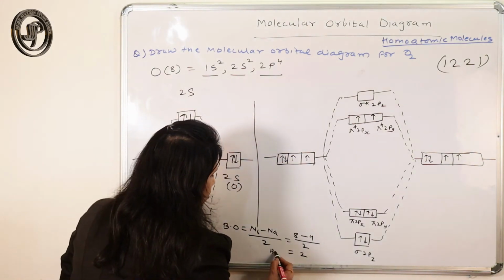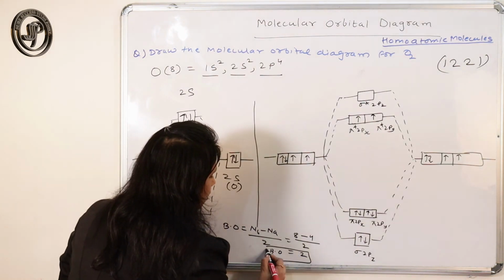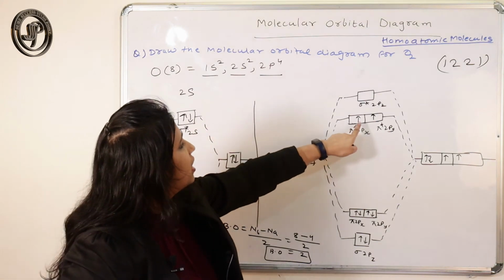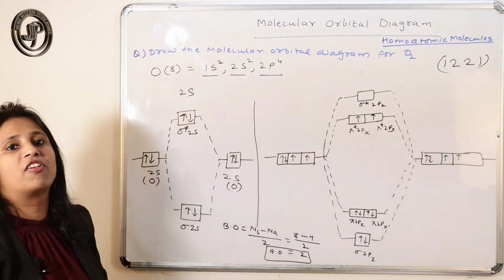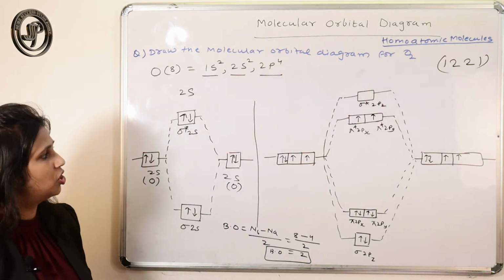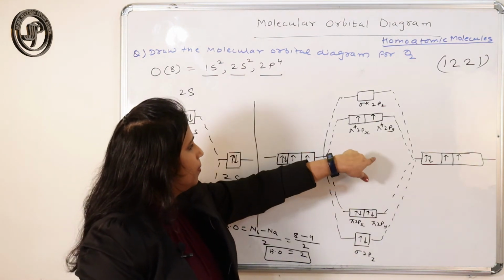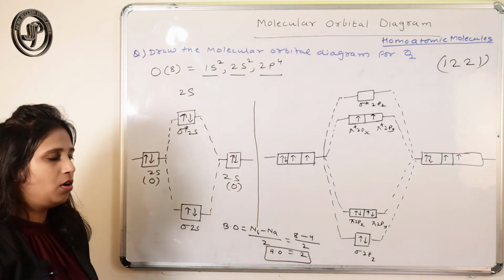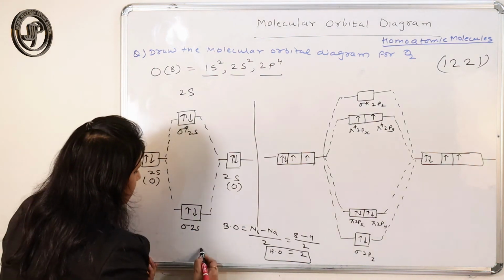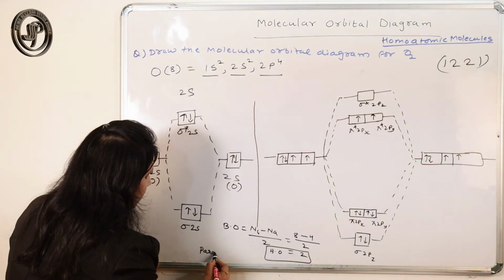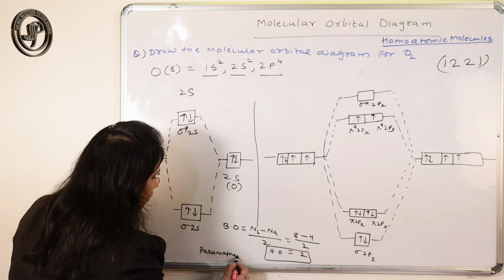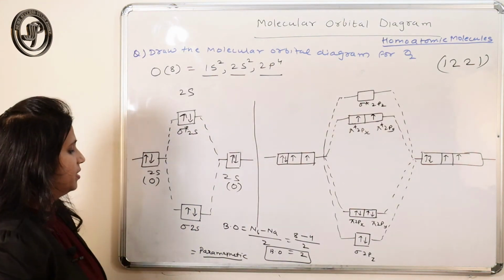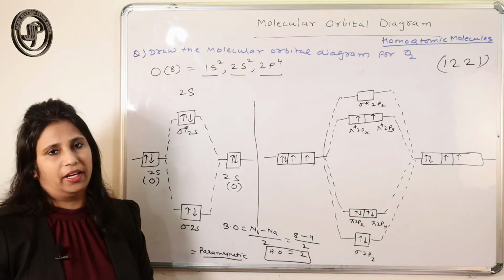So the bond order for oxygen is 2, and you will clearly see the number of unpaired electrons in the molecular orbital diagram. So we can see that it is paramagnetic in nature. The presence of unpaired electrons indicates paramagnetic behavior.